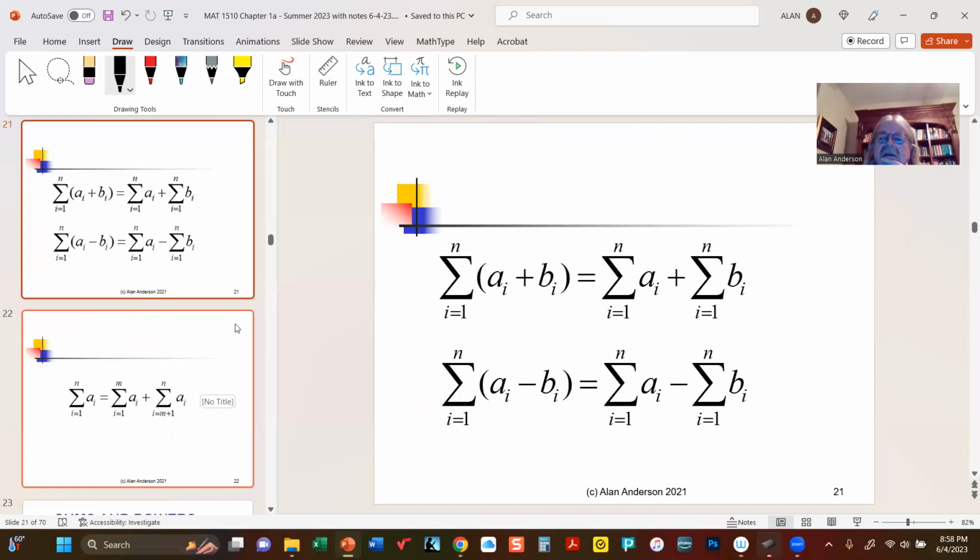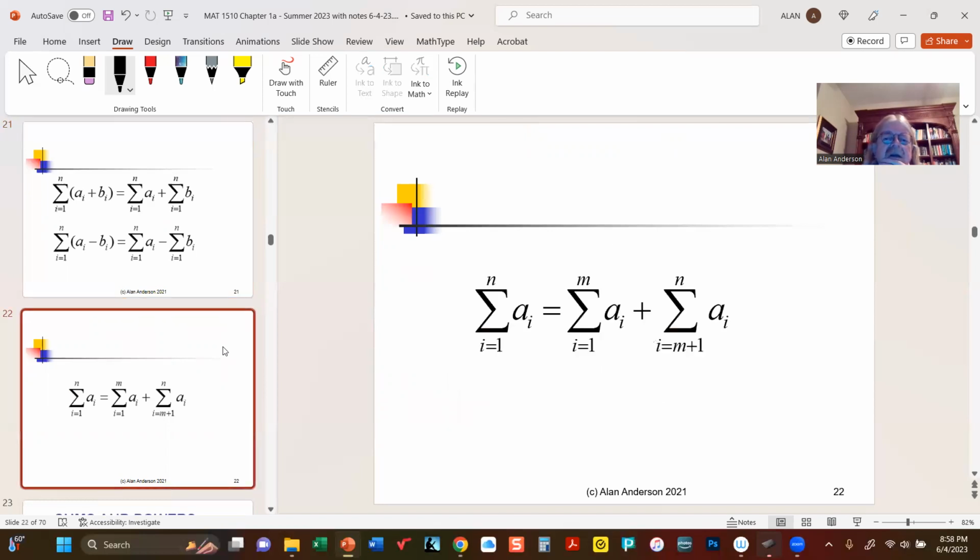You can actually take a sum and break it up into separate pieces. Sometimes it's very convenient to do it this way. Let's say, for example, something as simple as i equals 1 to n for a. Now we know that this means to take all the a's from 1 to n.